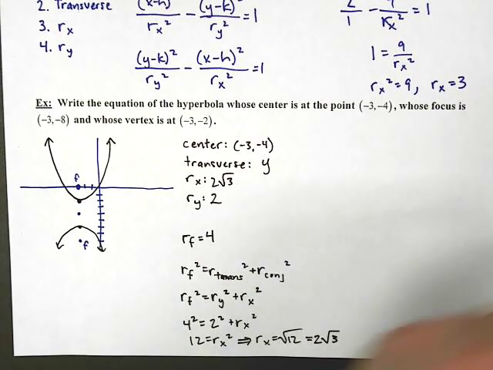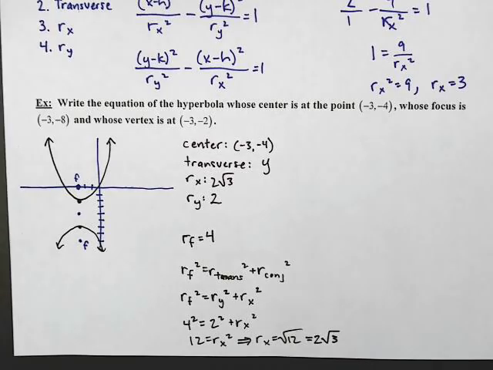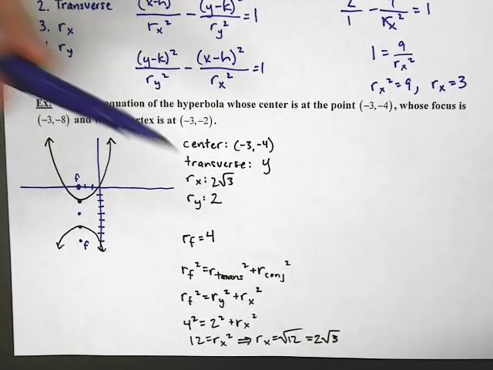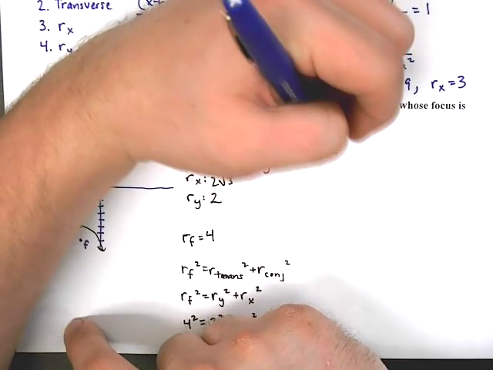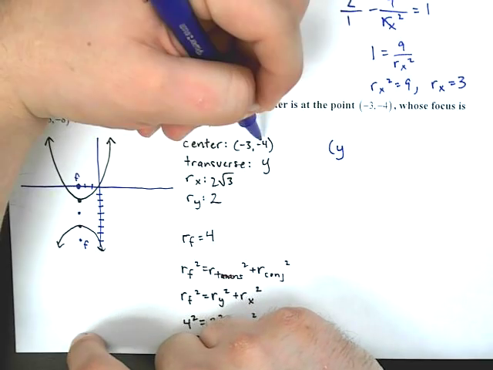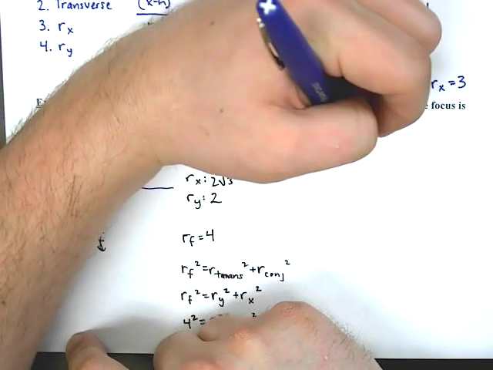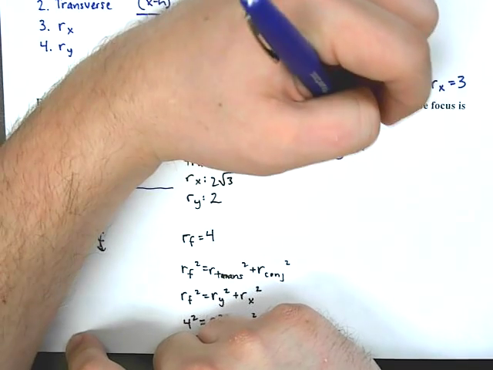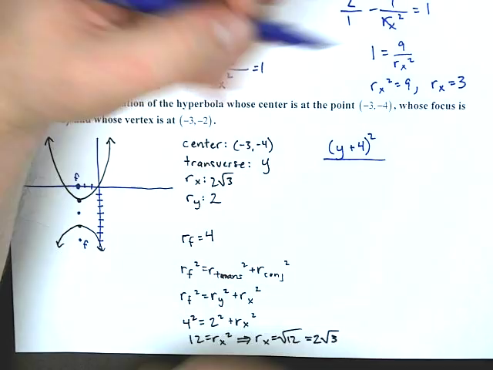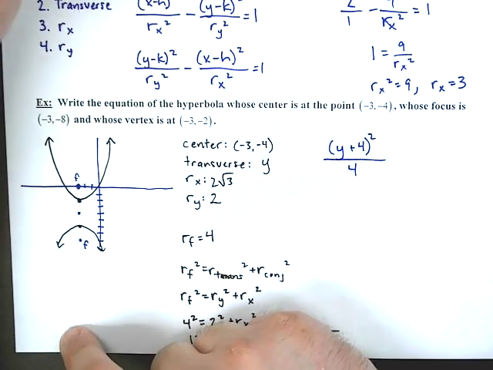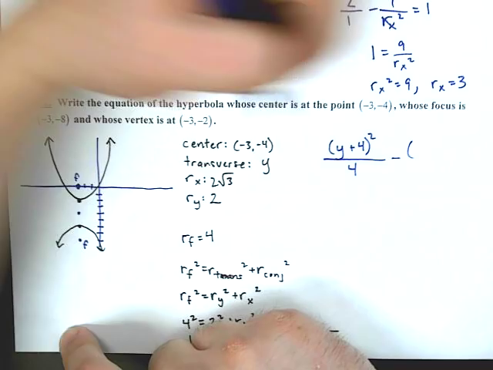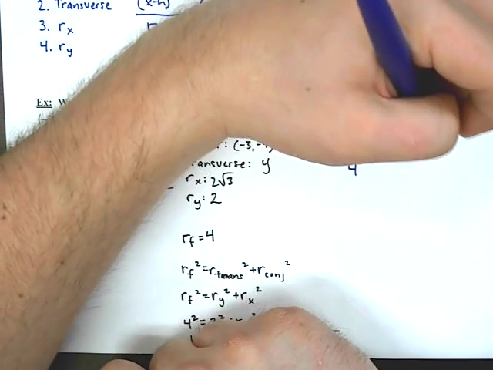Now we have everything we need. We can go and plug in. So first things first, we have the transverse as y, which means our y piece has to go first. The y coordinate of the center is -4, so y plus 4 squared, all over r sub y squared, so 4. Then we take away x plus 3 squared.